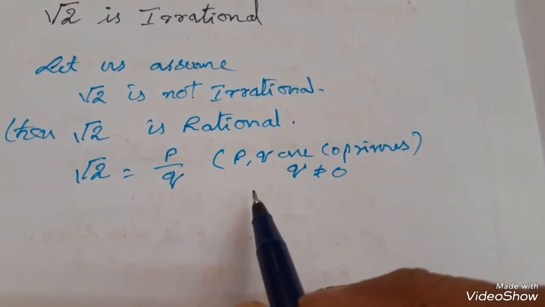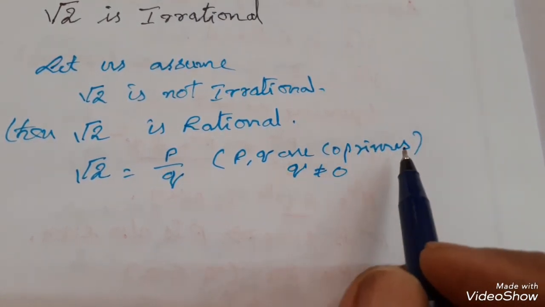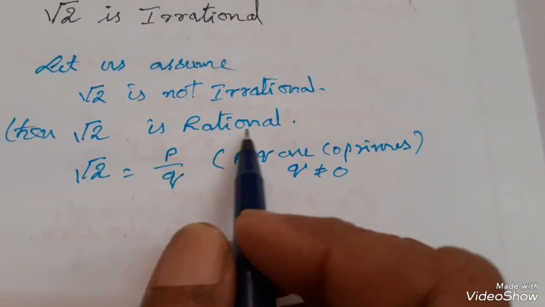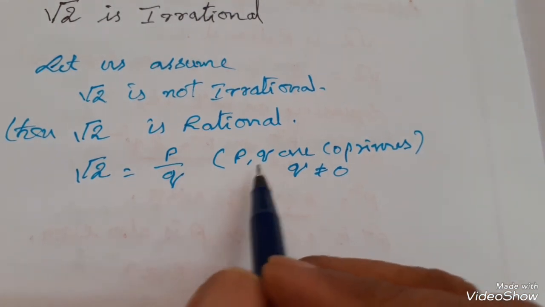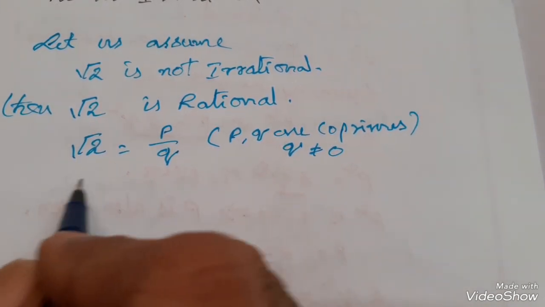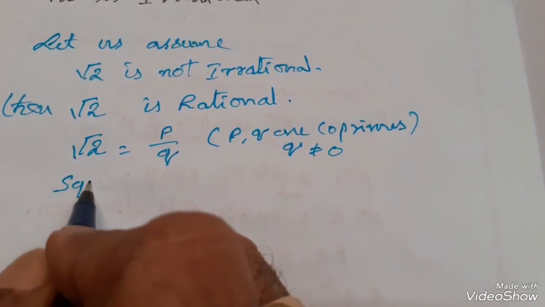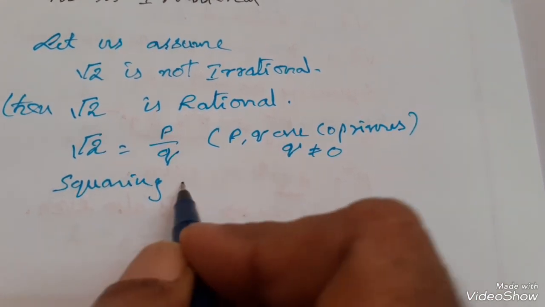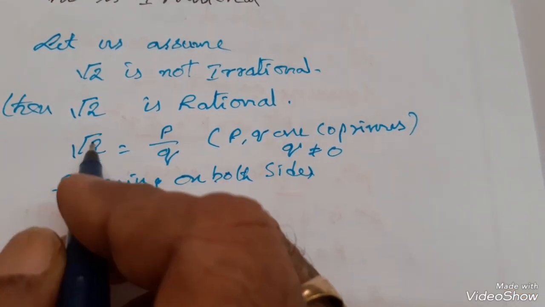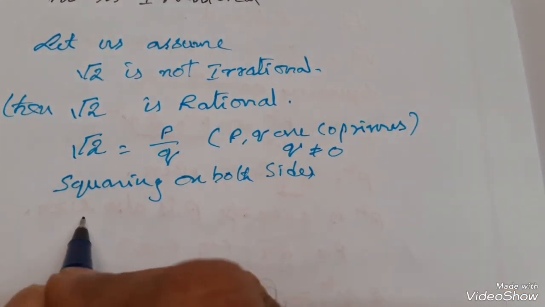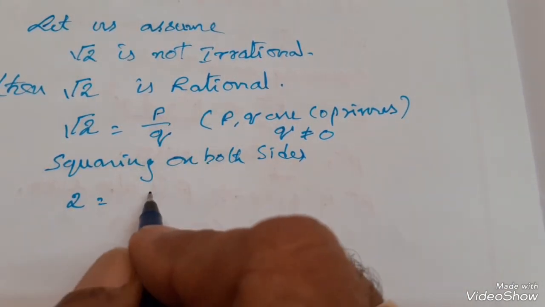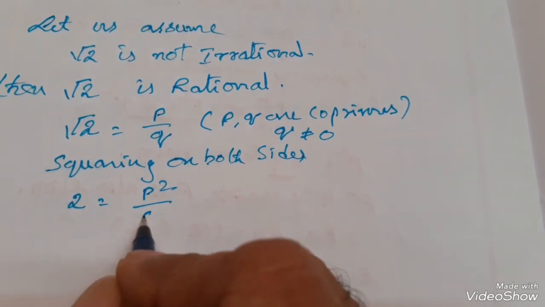Co-prime means it has only 1 as a common factor. Now squaring on both sides, root 2 squared gives 2, and p by q whole squared gives p square by q square.